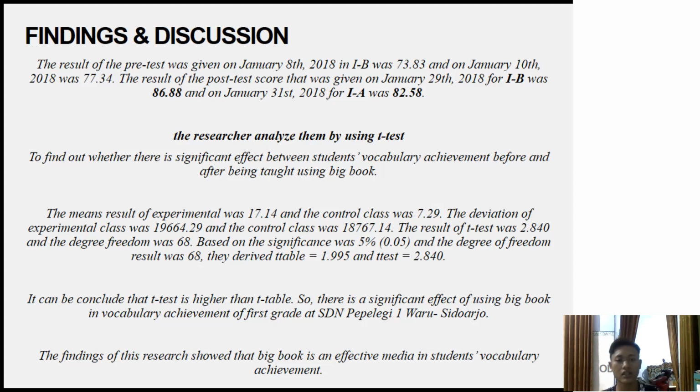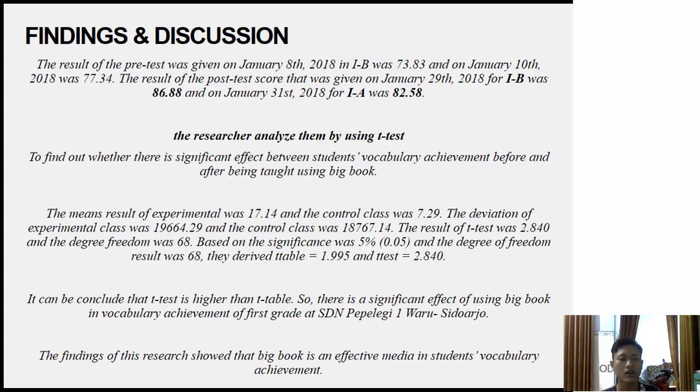You can see in the PPT there's a means result of the experimental and then the deviation of the experimental class, and then the result of the t-test was 2,840 and the degree of freedom was 68 based on the significance of 5% or 0.05.